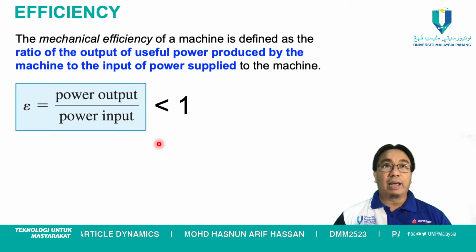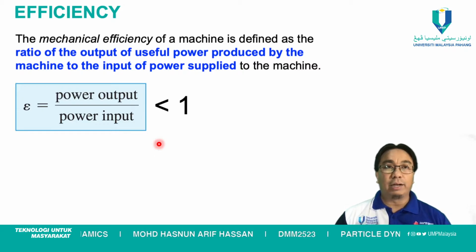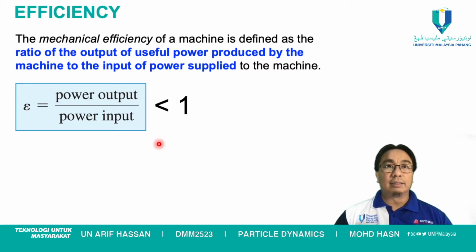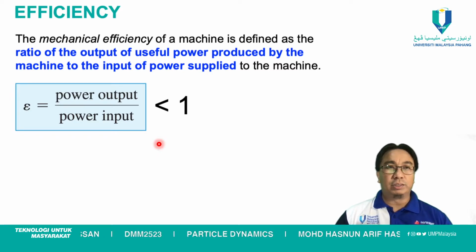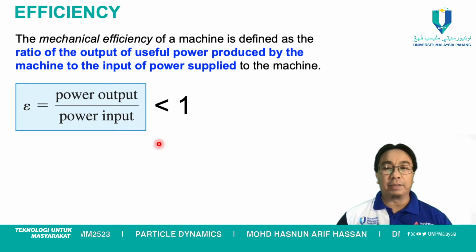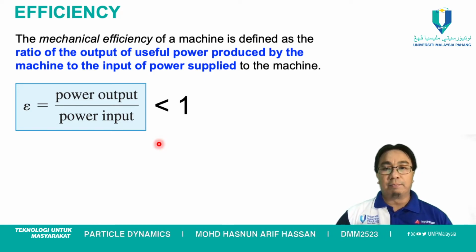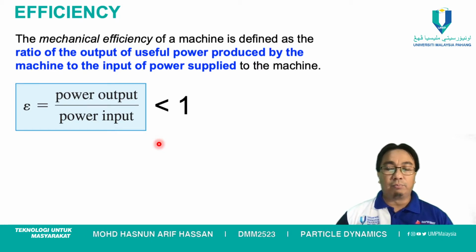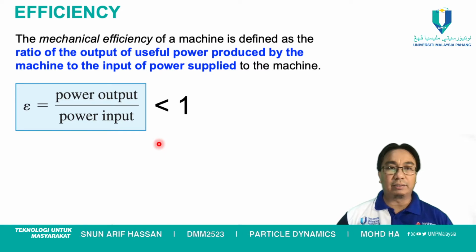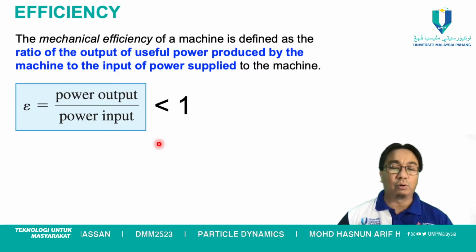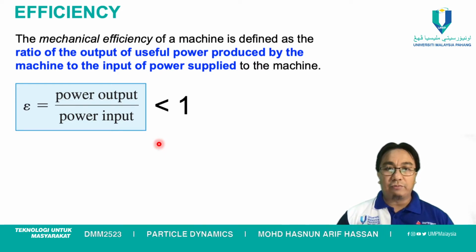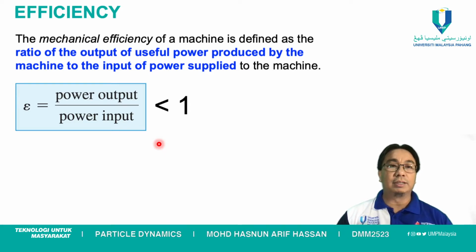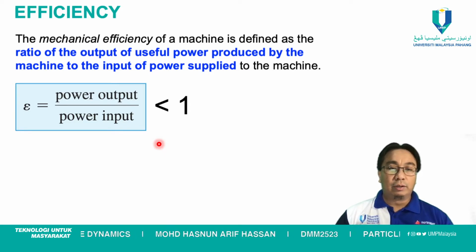If we have an efficiency equal to 1, it means that the power output is equal to the power input, which is not going to happen in the real world, because there must be power losses to the surroundings in the form of various kinds of energy like heat and so on. So the efficiency of a mechanical machine must be less than 1.